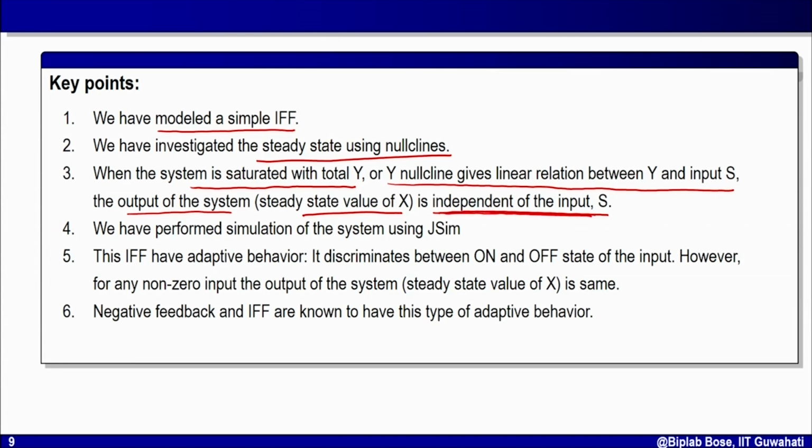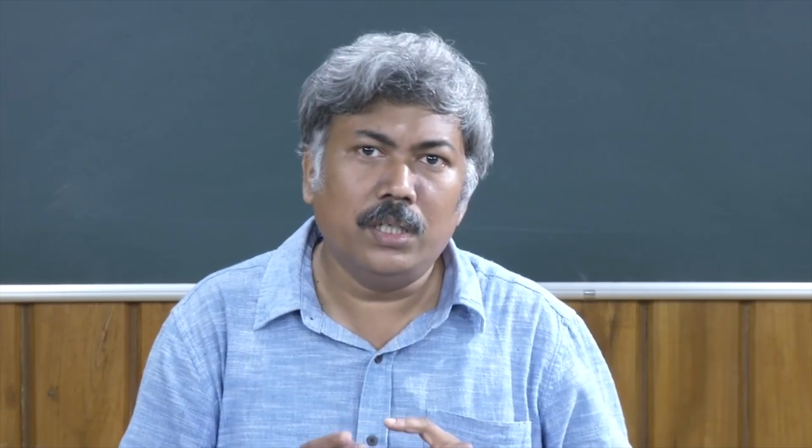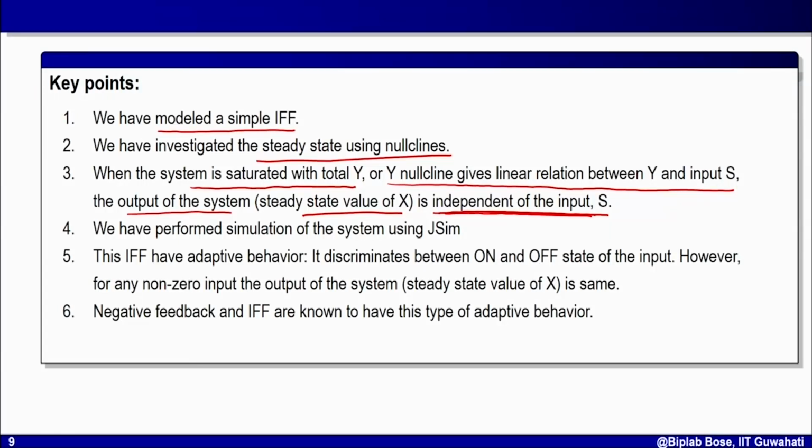So the output is independent of S, and one key assumption to achieve that is that the system is saturated with Y. In other words, the Km, the Michaelis-Menten constant for activation of Y, was much smaller than the total amount of Y, so that I get a linear relation between Y and S. Then the system is adaptive and I get the same output for all values of S. We have performed simulation using JSim, and we have tried to understand the IFF behavior here, and we have shown that the motif can discriminate between on-off state of the input.